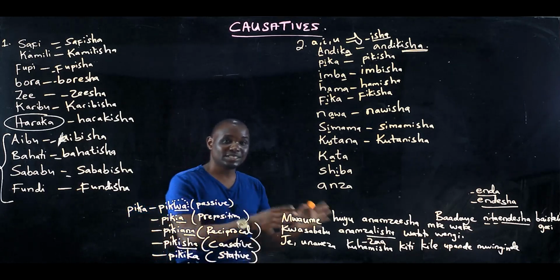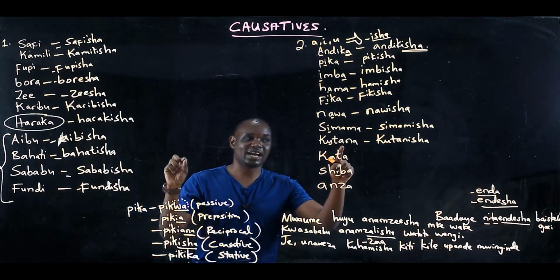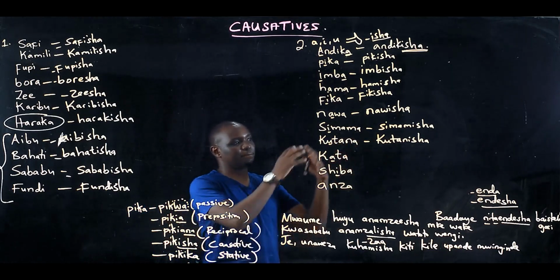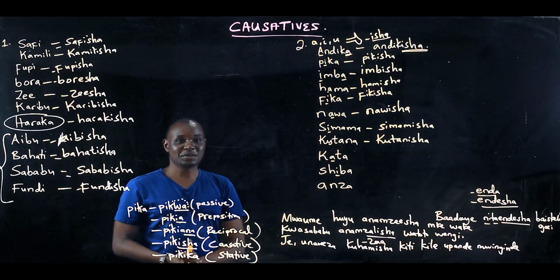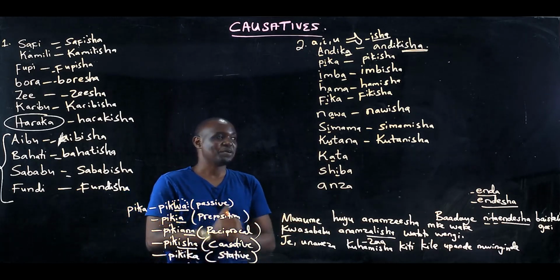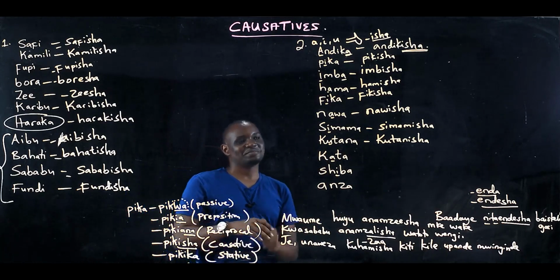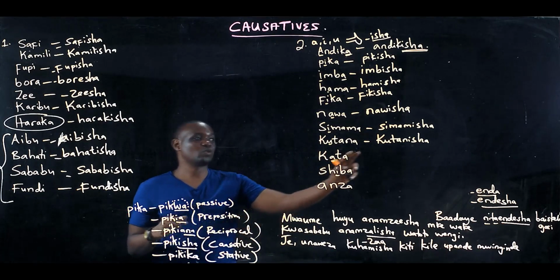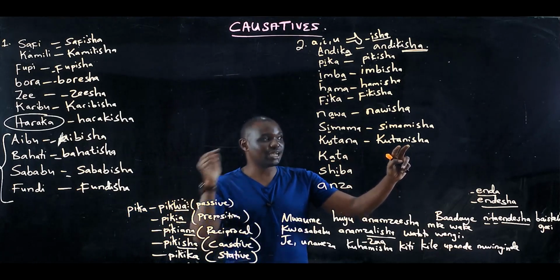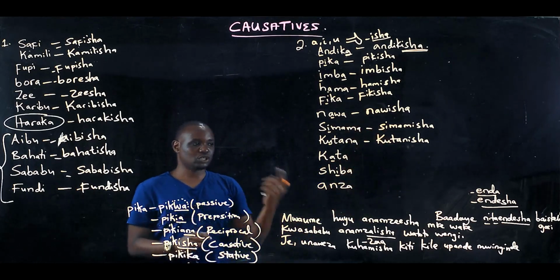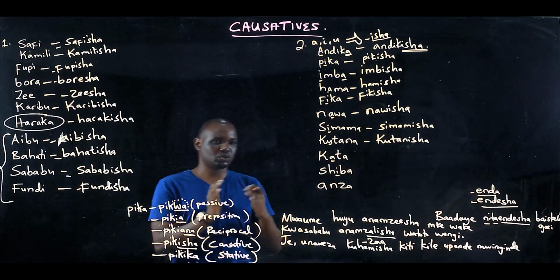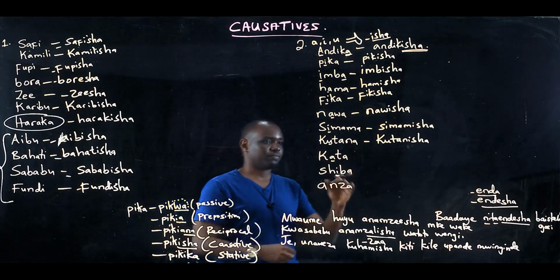So, utakapokuja Tanzania, nitakukutanisha, I'll make you meet, nitakukutanisha na waziri wa biashara, Minister of Business. So to make someone meet with someone is kukutanisha.